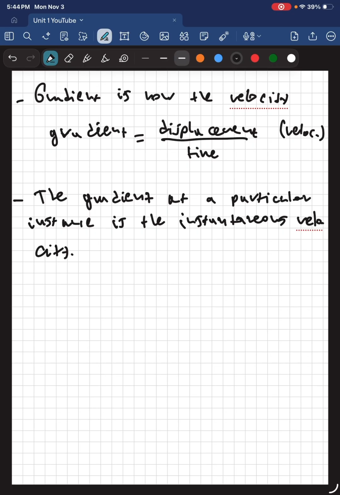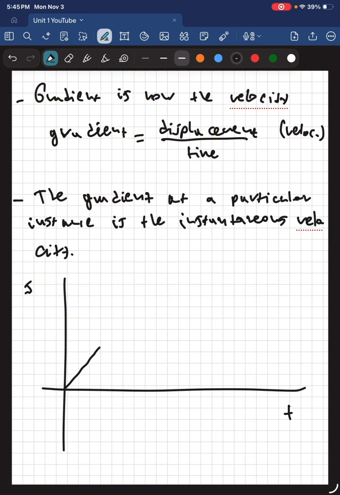So let me see, should we have an example? Maybe let me draw a small example. I'm going to call it S because S is displacement, and time. Let's say that from here to here I have a straight line, and then maybe I have something like this. Someone asks, what's the instantaneous velocity?